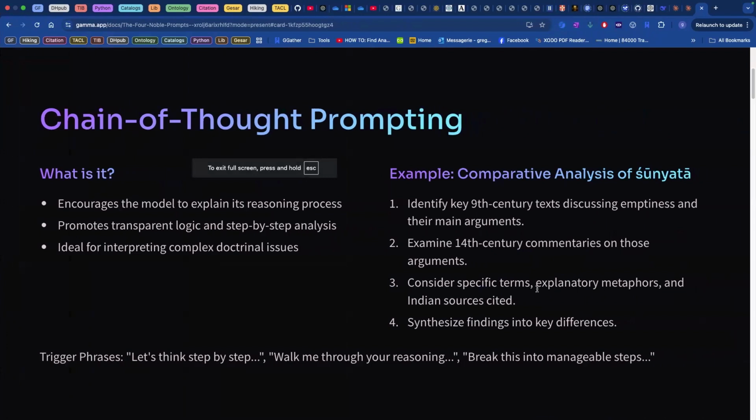Okay, so now I'm going to go through the last two prompts a bit fast. We saw the four noble prompt, the agentic algorithmic prompt, last week, and this week we'll look more at the chain of thought prompts and the tree of thoughts. So what are they?